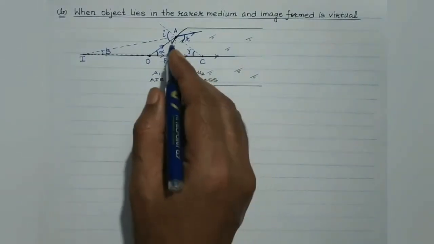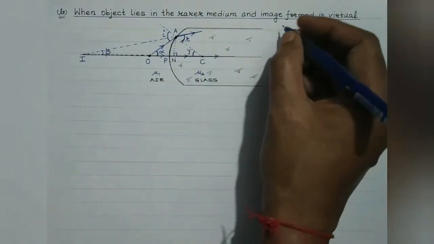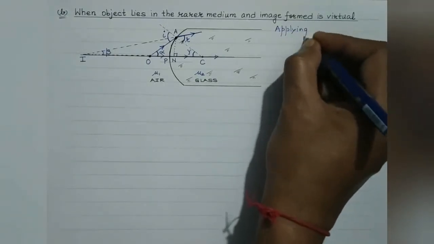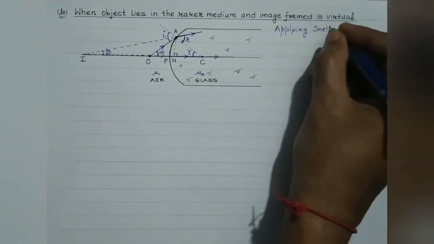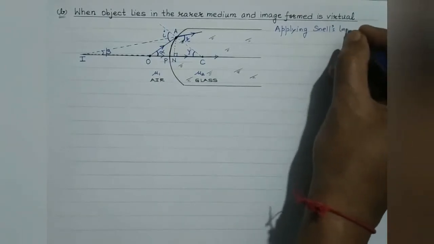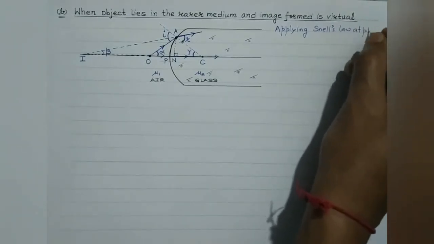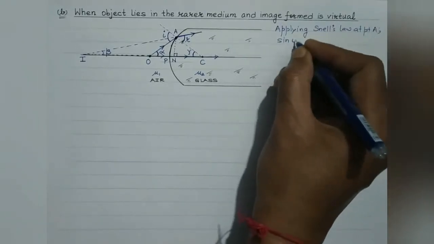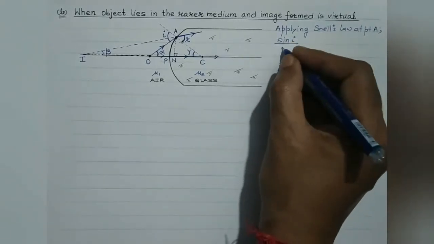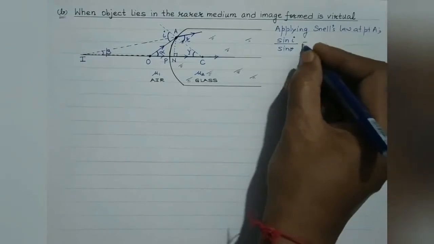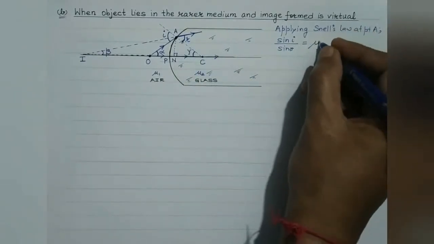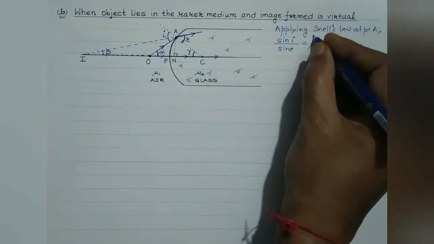Now let's apply Snell's law at point A. Applying Snell's law at point A, we get sin I divided by sin R. Angle of refraction is lying in the denser medium, so it will be the refractive index of the denser medium with respect to the rarer medium.